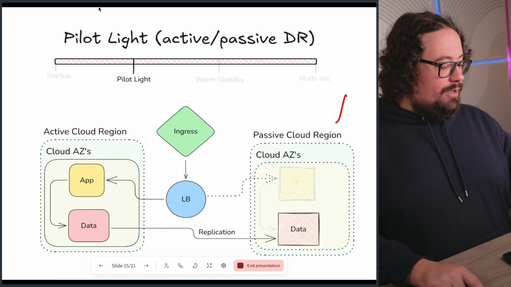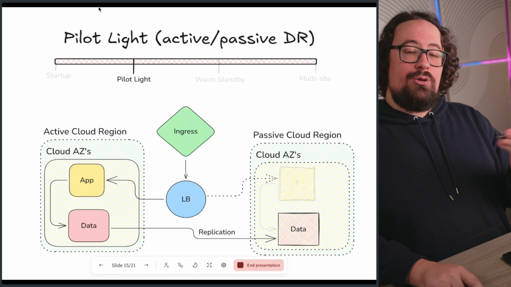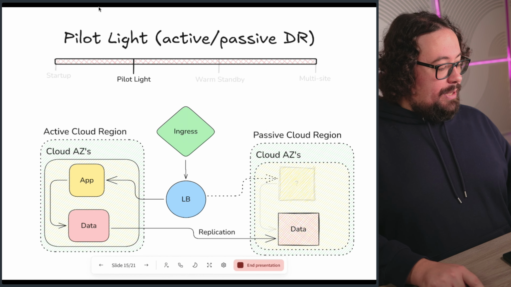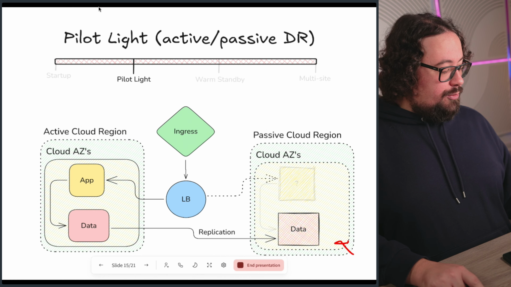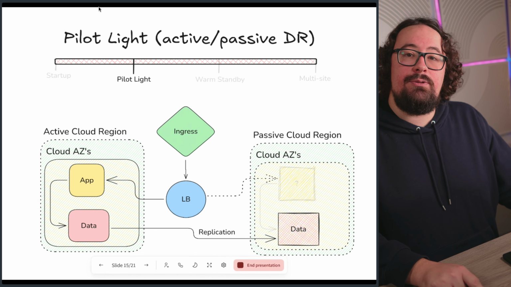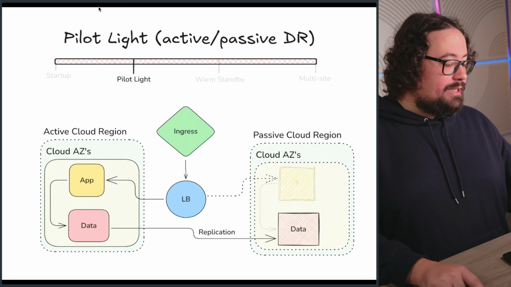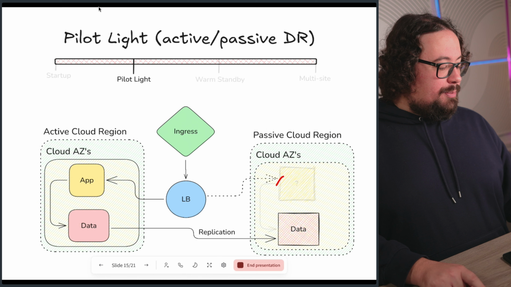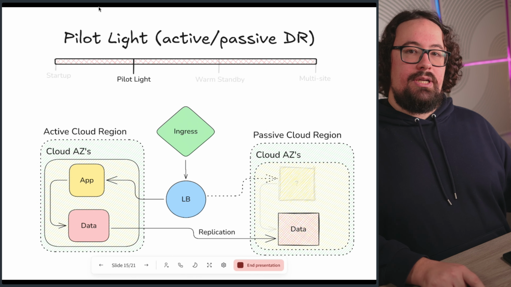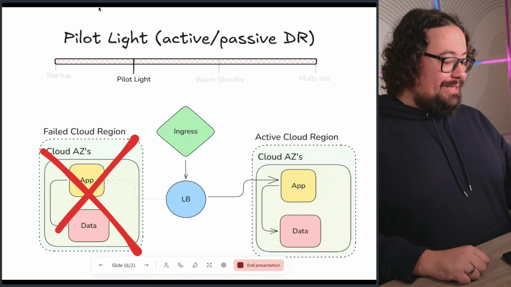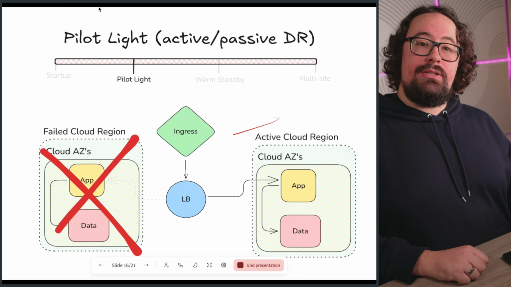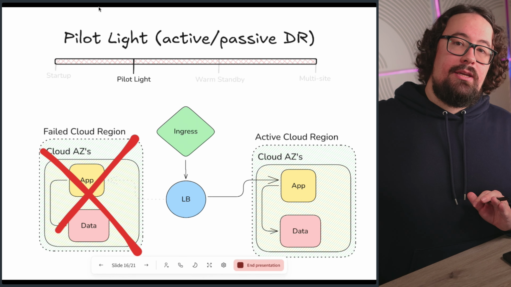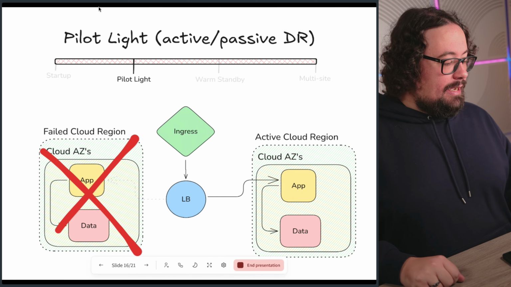And so there is a higher cost from running this than what we talked about before, because you are paying money for the resources which do have to be continuously running, like the networking resources or the database, but you're not paying a premium for running your applications in duplicate on another region. And so what this allows us to do is to enable a rapid disaster recovery process when a whole region is down in that cloud provider.